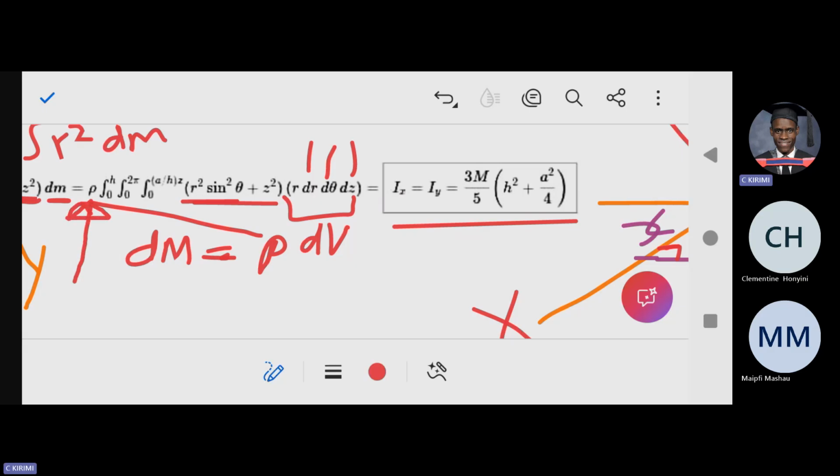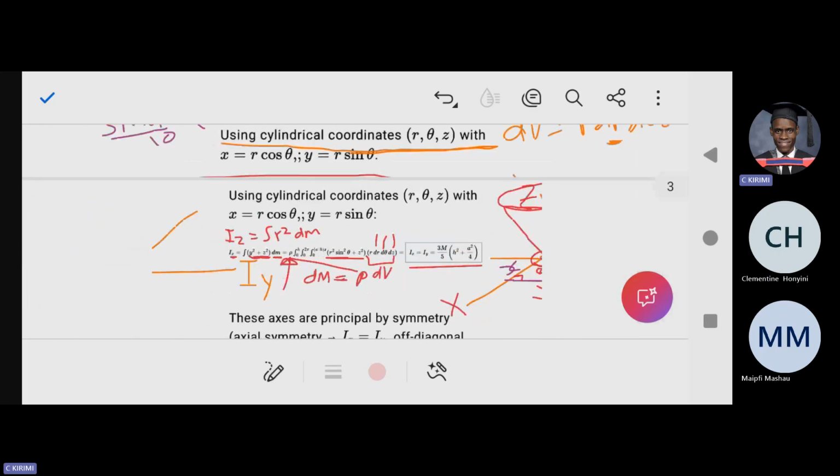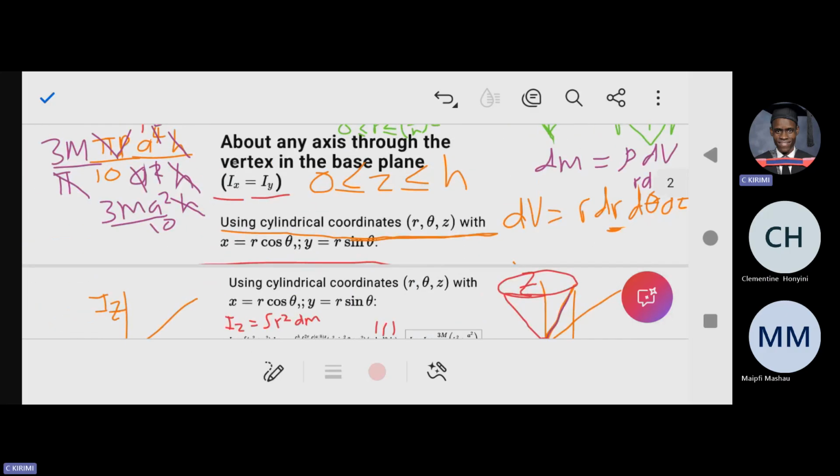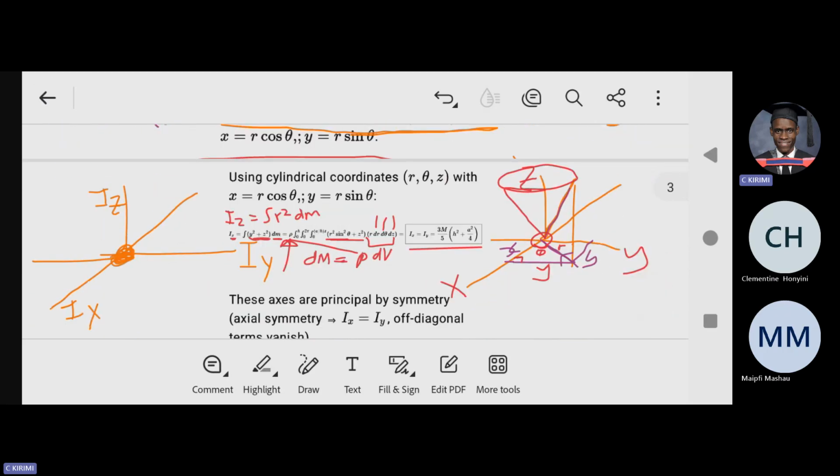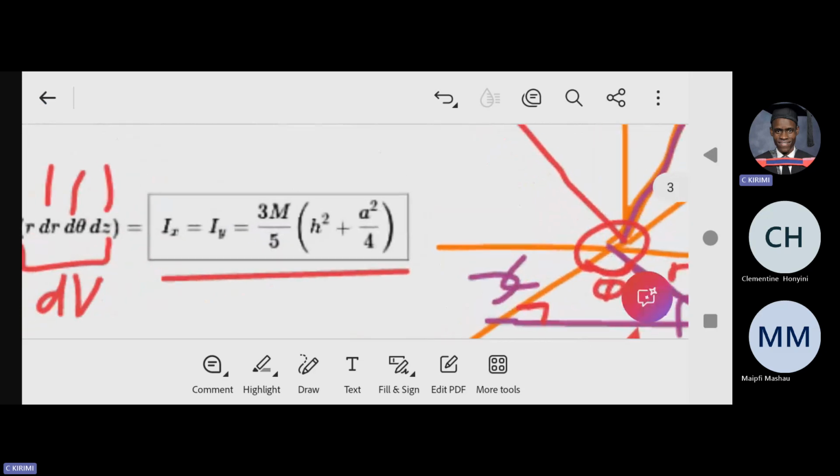You multiply everything by rho. And then after you're done multiplying everything by rho, you divide by this 3m, where there's that rho. Now you replace rho with 3m over pi multiplied by a squared multiplied by h. Then when you are done, that's when this final step came out.